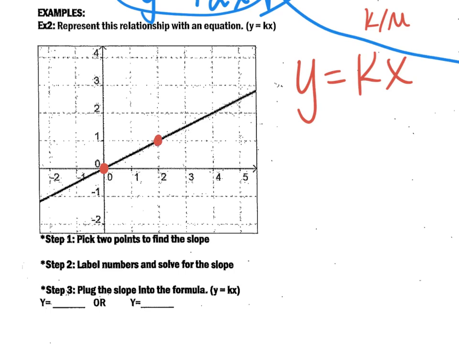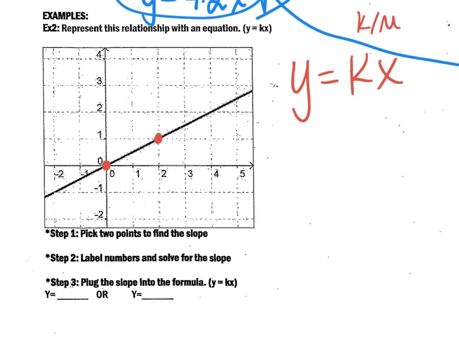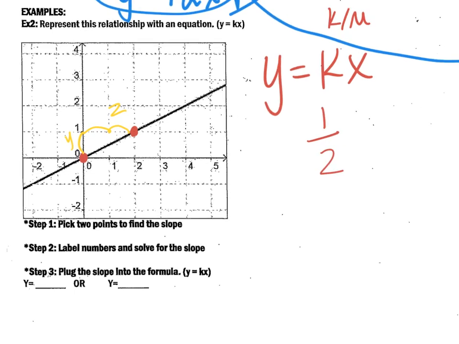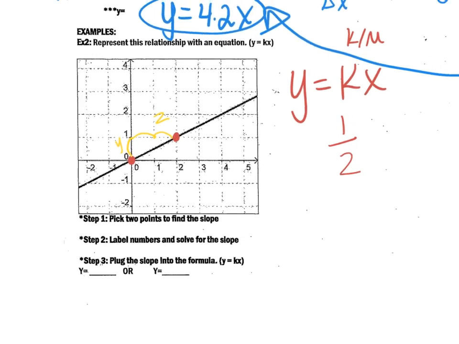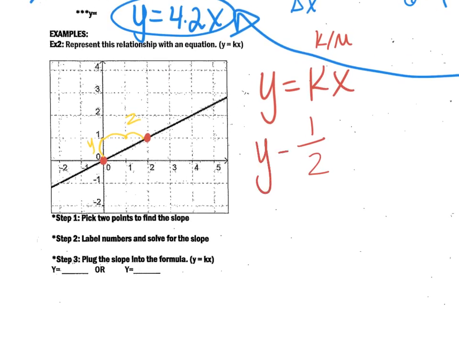Okay, because that line goes in between those crosshairs. So that's where we want to put another point. Okay, so then what is our rise? What's our change in y? 1. 1 over, what's the change in x? 2. Okay, so that's my slope, or my constant rate of change, all the same. All those words kind of mean the same thing. And you're just plugging it into that equation.